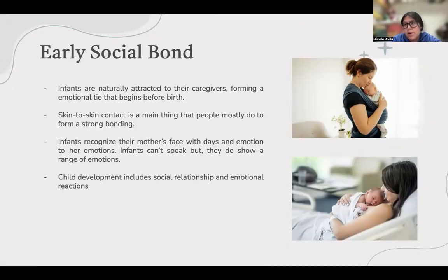So something that I forgot to mention in the beginning was the definition of social and emotional development. Social and emotional development is the process of learning and being able to understand one's emotions, learning from others, and being able to manage your feelings and relationships.